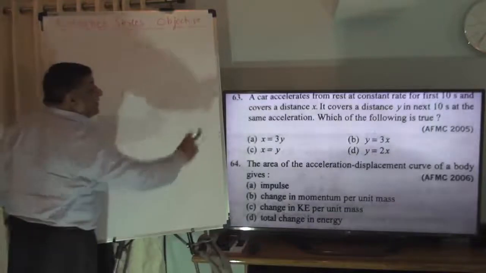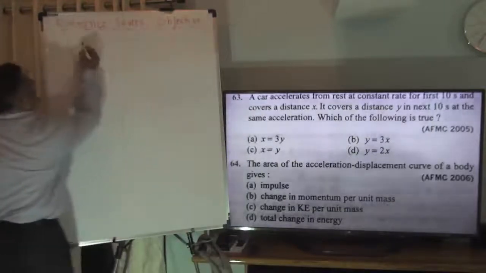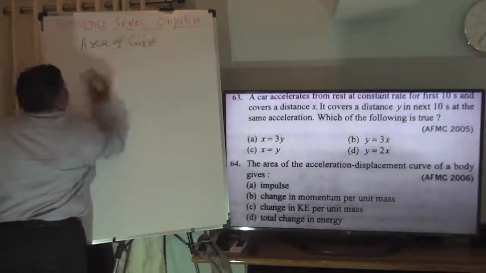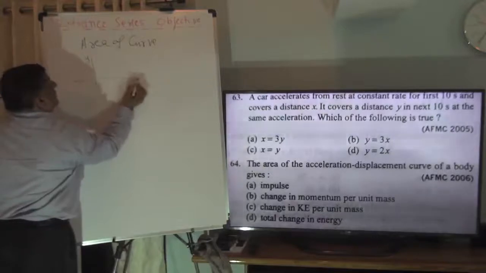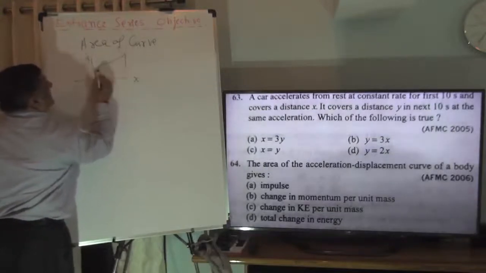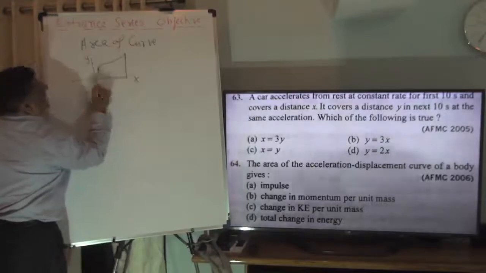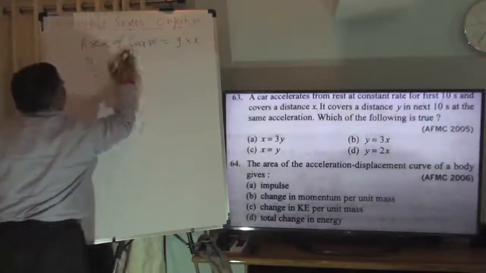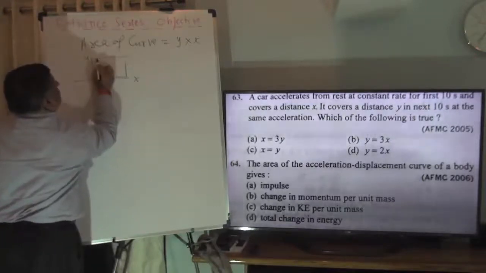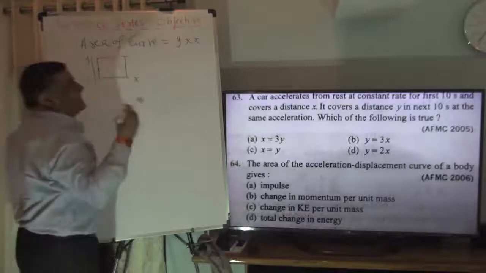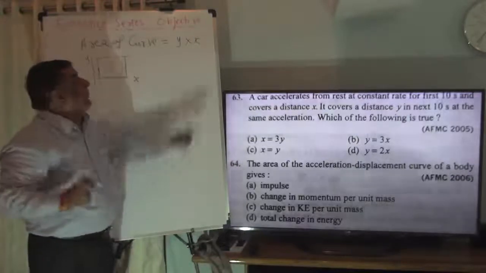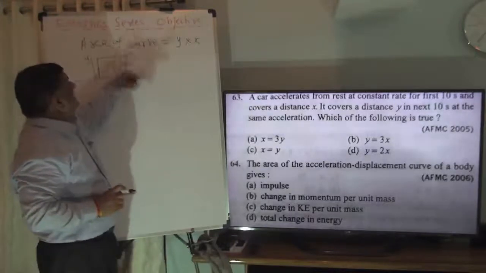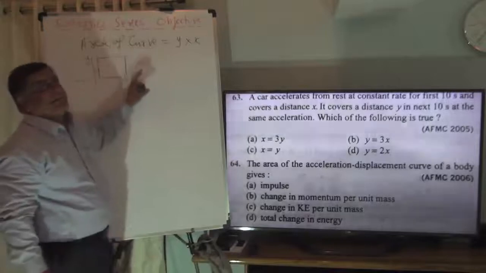See, the area of a curve is always given by y multiplied by x. If this is the curve, then the area is this, or integration, or whatever it is. But what we remember is multiplication: the multiplication of height and horizontal width, that is y and x.